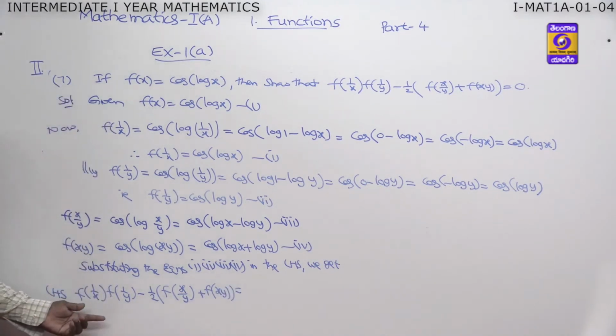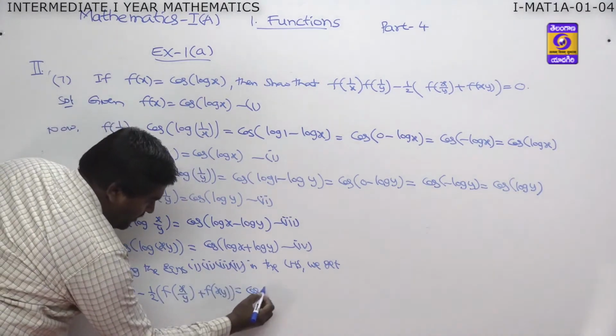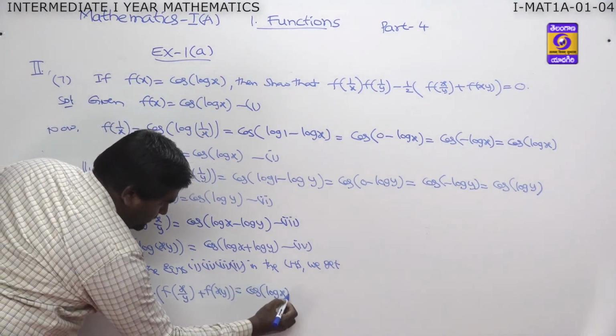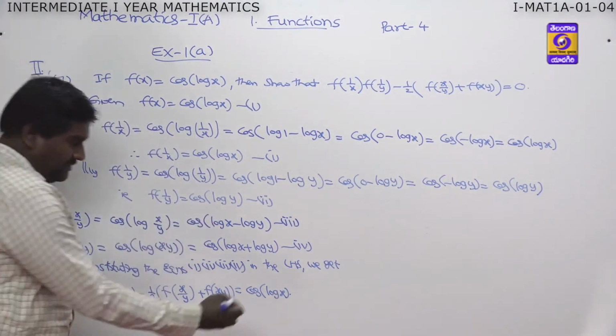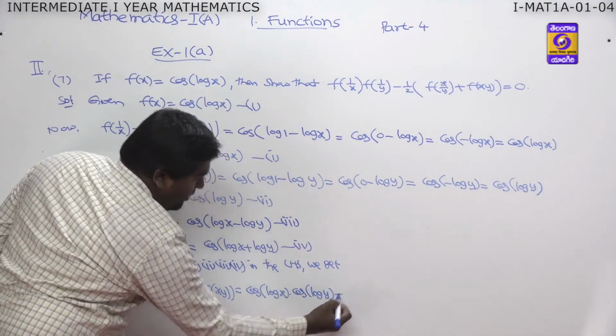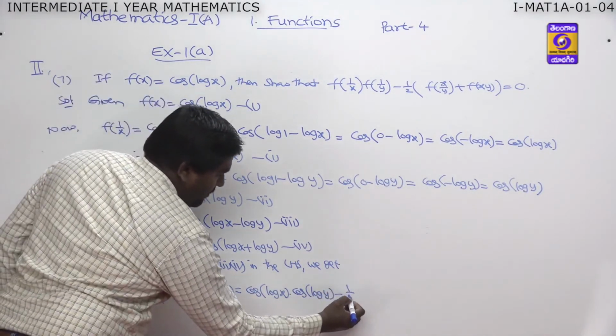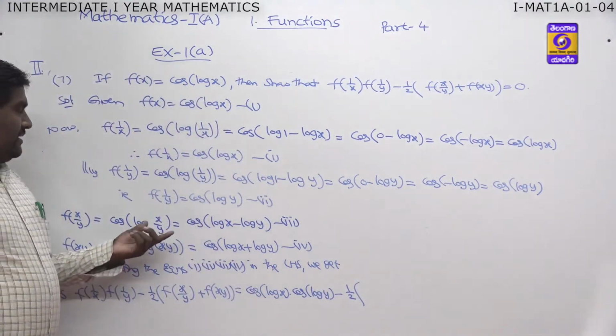I am substituting f of 1 by x is cos of log x, cos of log x into f of 1 by y, cos of log y, cos of log y minus 1 by 2 into f of x by y.